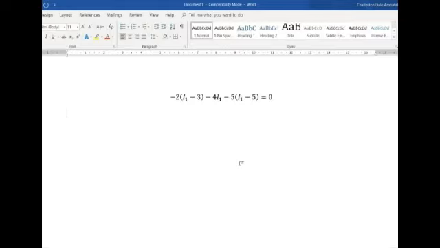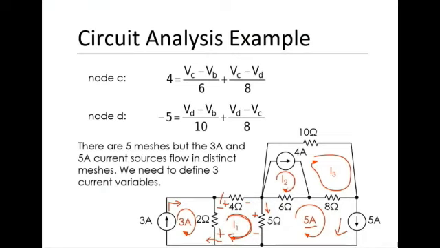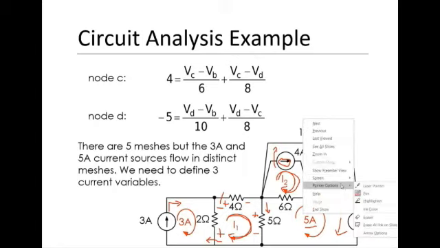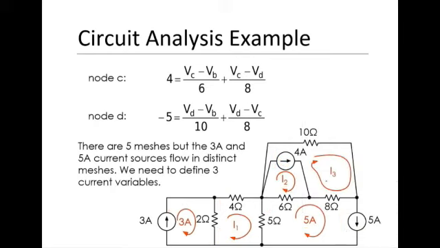For mesh 2, since we have a current source here, we can't immediately define this I2. This current source is adjacent to I3. Therefore, instead of just using mesh 2, same concept as your voltage source in the nodal analysis earlier, you create a super mesh, something like this mesh right here.